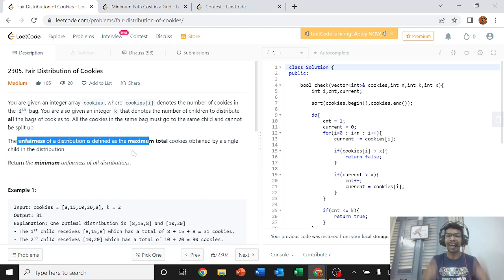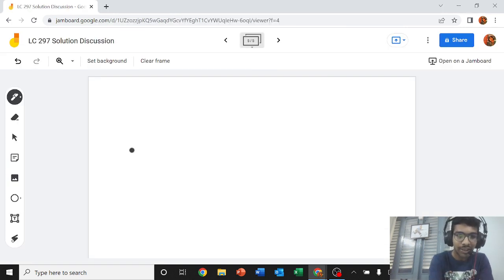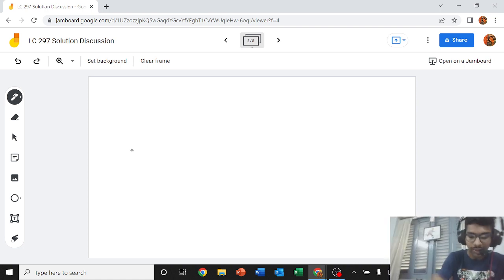So I thought, why not give binary search a try. Let's define f of x as the unfairness.